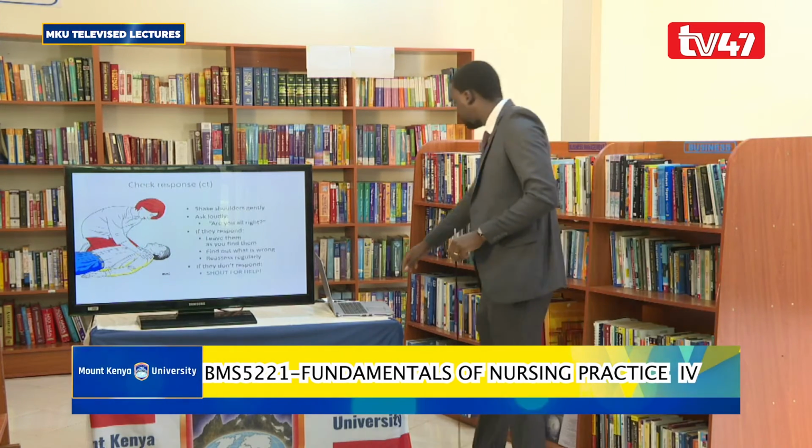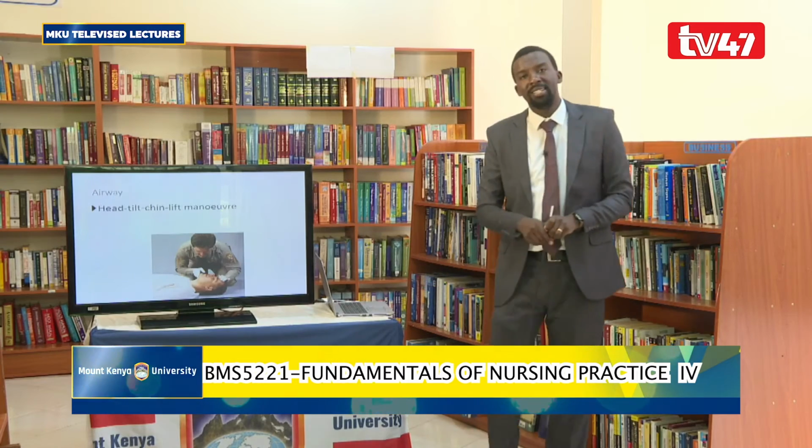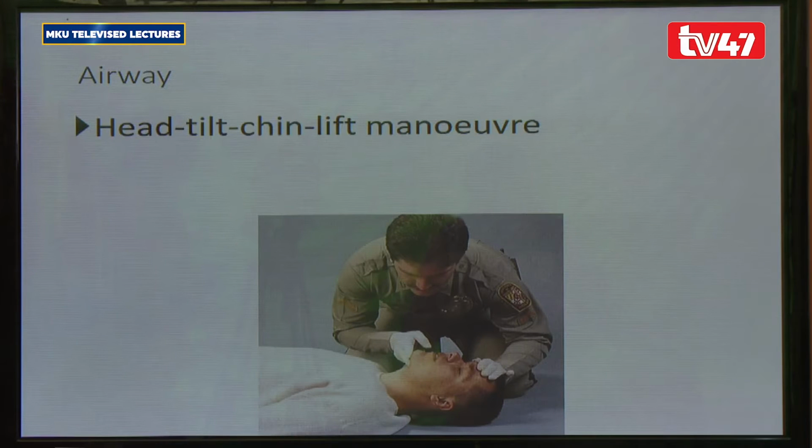Right, so let's look at the airway. Very important as you think about basic life support. Now, as you will see later on, basic life support is different. When you're thinking about resuscitation and the ABCs, you think about the airway, breathing, circulation, and then any other conditions that might present.